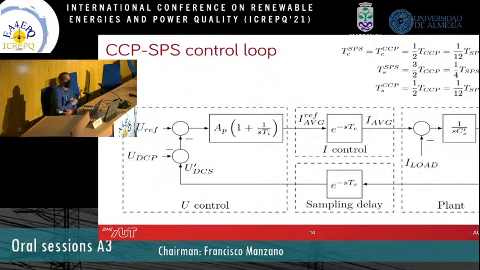But we are charging with the sampling, and because of the digital implementation, you will have another delay, and these delays can change if you are using the regular SPS control or our new control. Our new control is better because it will have less loop delay.